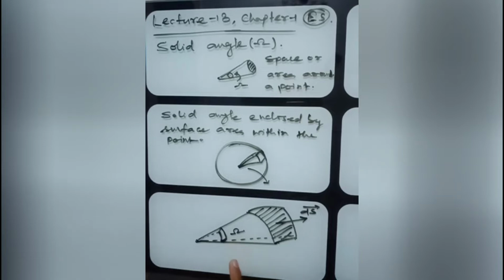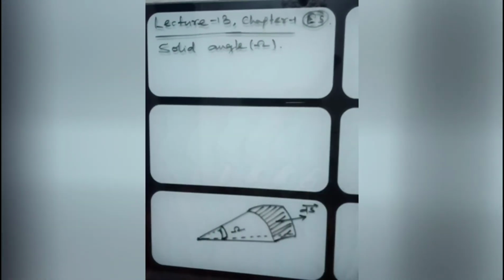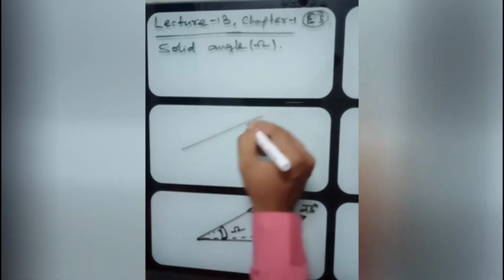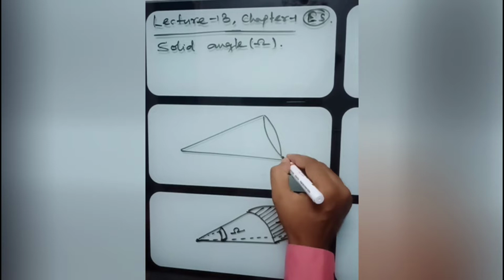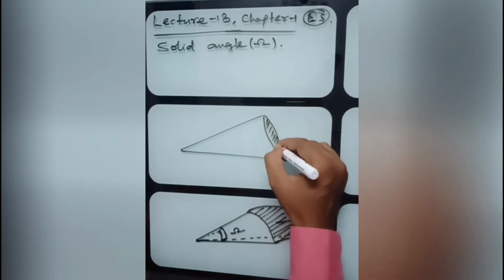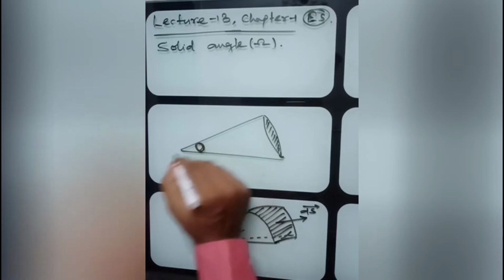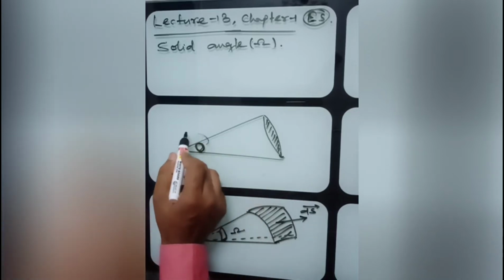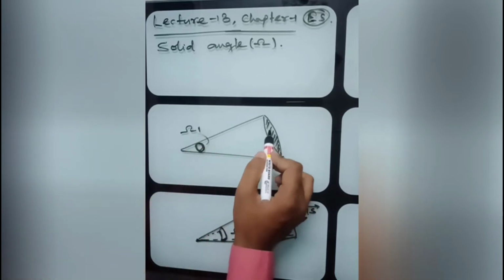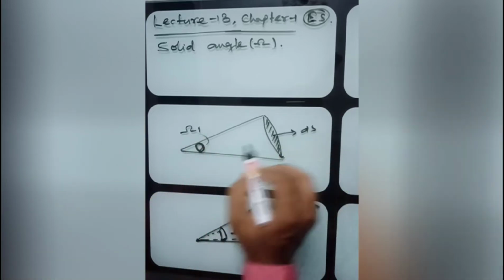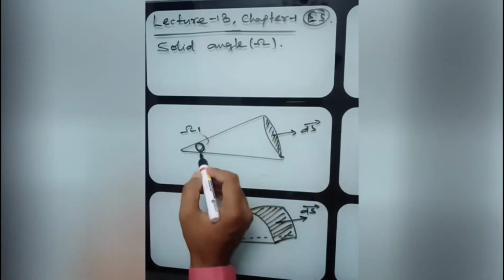For example, if we draw from the sphere, and this is your surface area, at this point the solid angle omega 1 has the area ds, the surface area vector.